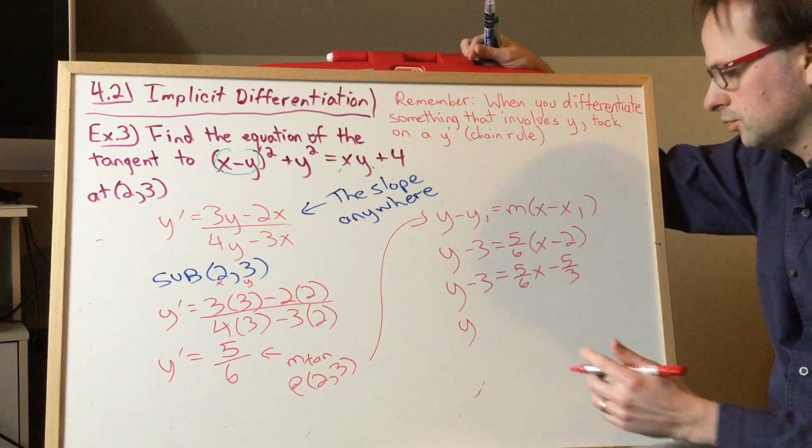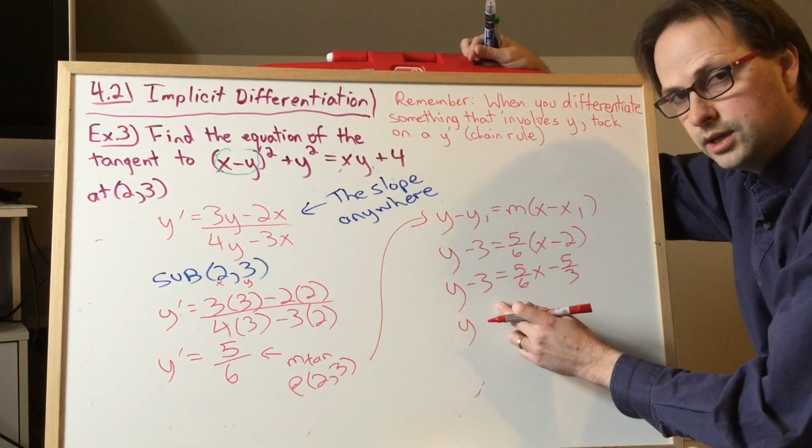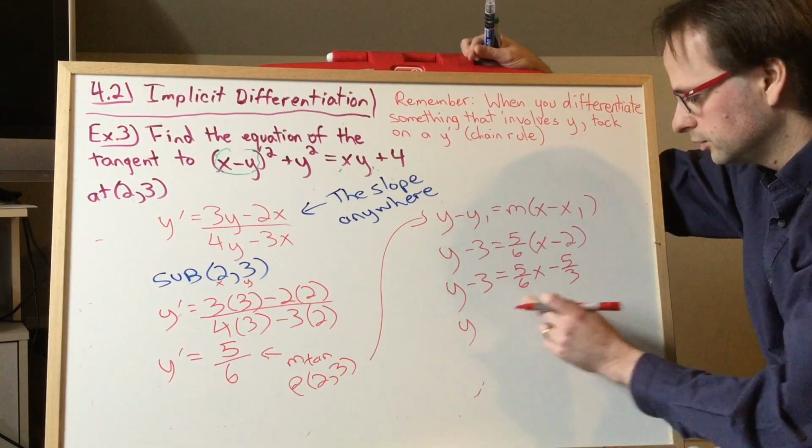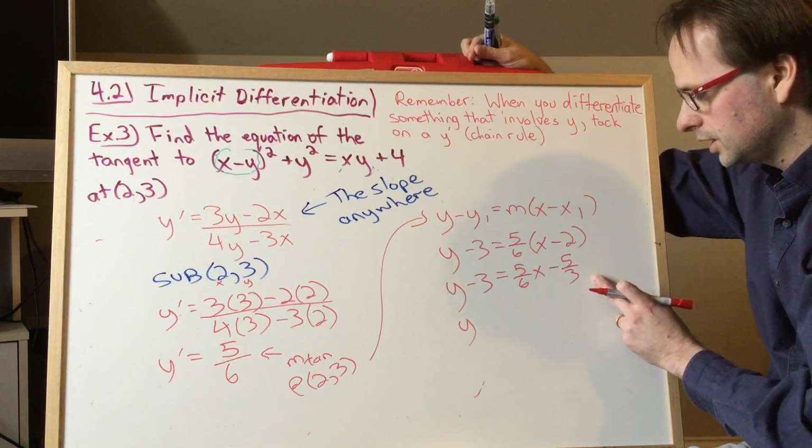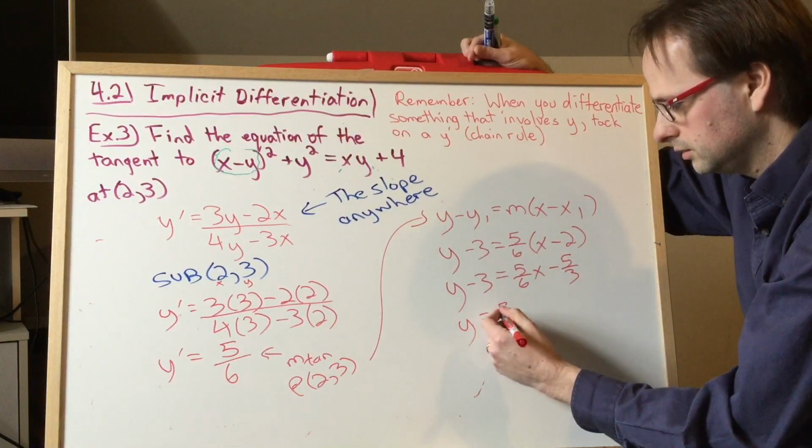And now I have to add 3 onto each side. 3 is the same as 9/3. So if I add 9/3 onto this, I'm going to have 4/3.